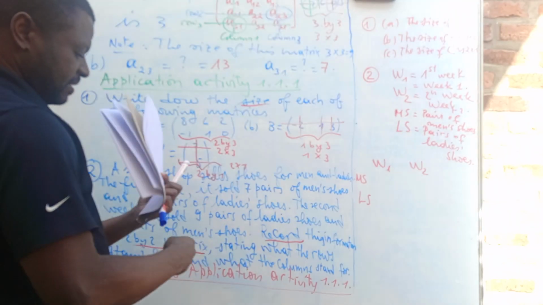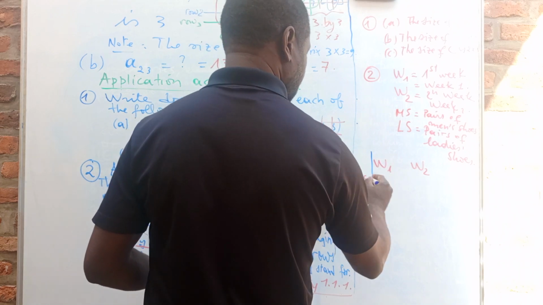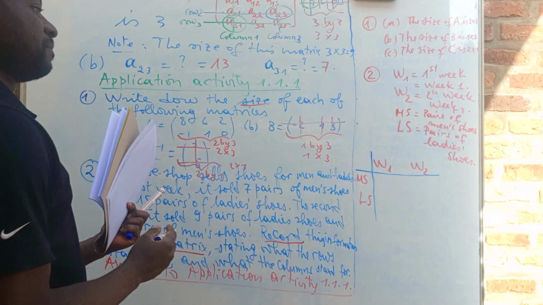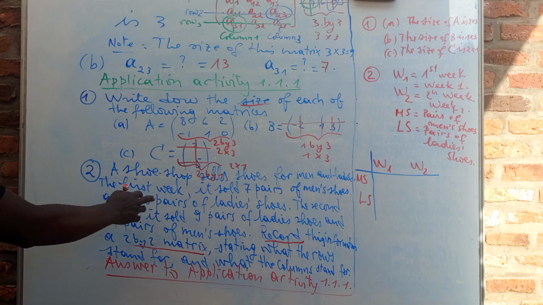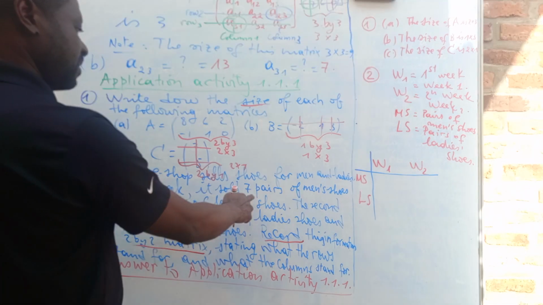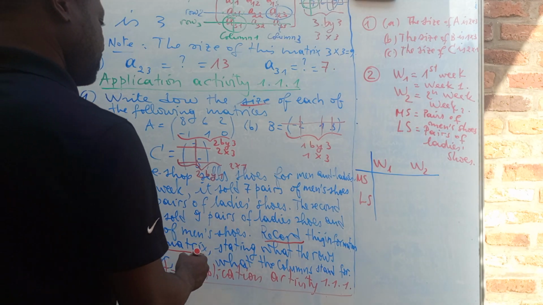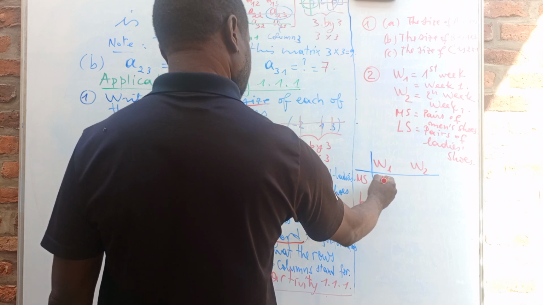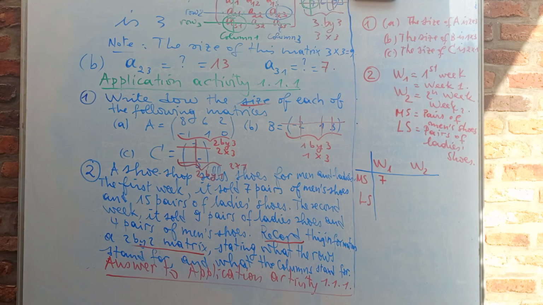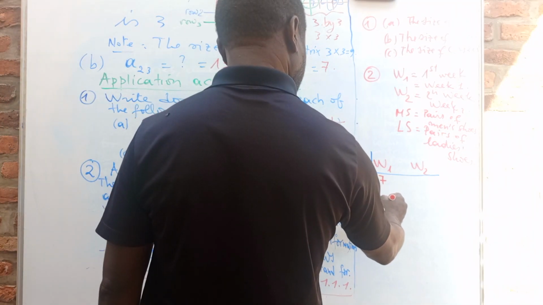Okay, so in this case we are looking for this information like this. So in the first week, it is 7 pairs of men's shoes and 15 pairs of ladies' shoes.